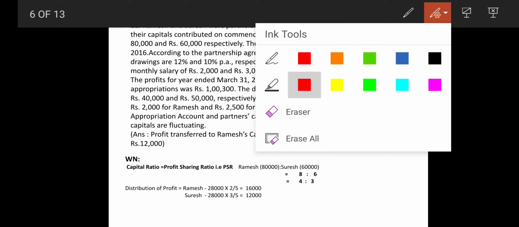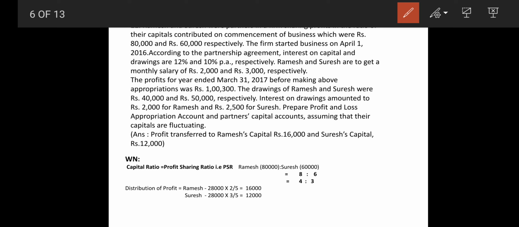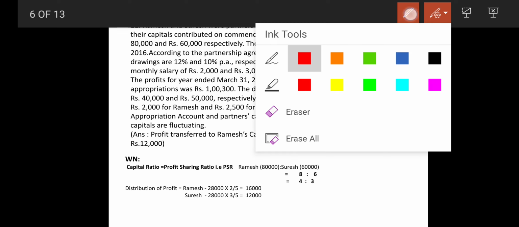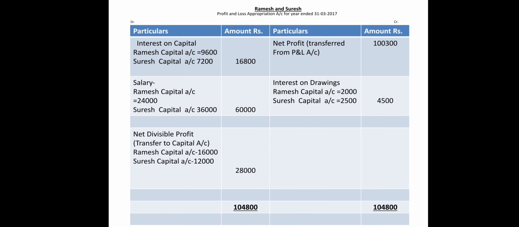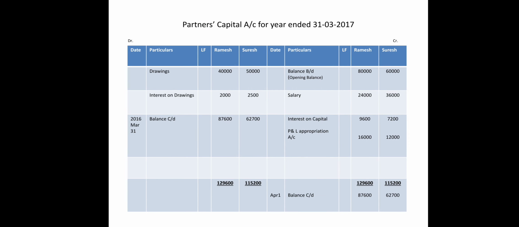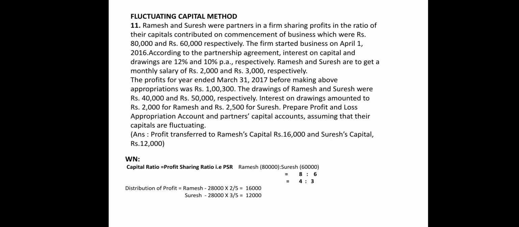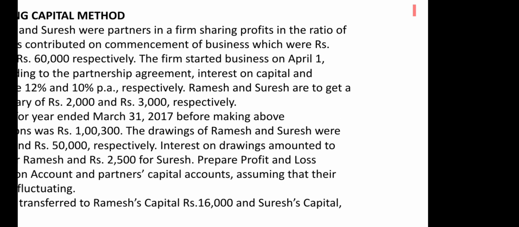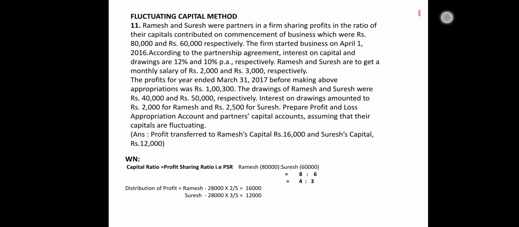So we are going to start with the fluctuating capital. We are first going to prepare the P&L appropriation account, and another one is the partners capital account, because this is the fluctuating capital method, so all the items will be directly transferred to the partners capital account. So there will be no current account to be prepared.